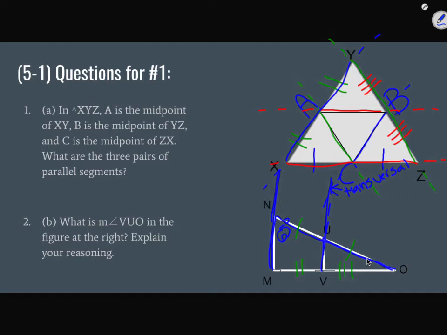So now we see that the measure of VUO is corresponding to the measure of MNO, so it has to be 65 degrees.